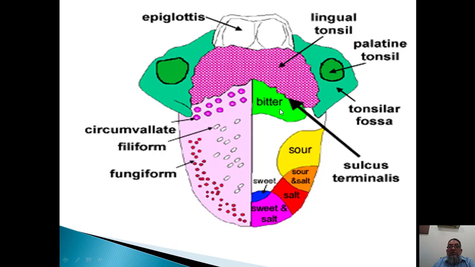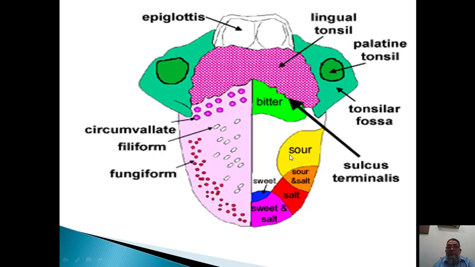Now look at the picture for the various taste locations. The tip is sweet and salt, whereas just posterior and lateral to the tip is salt and sour. So all this is the location of the taste buds.